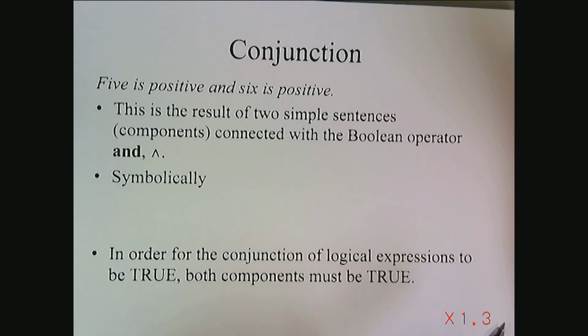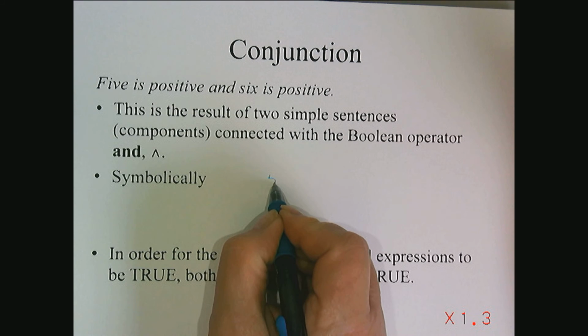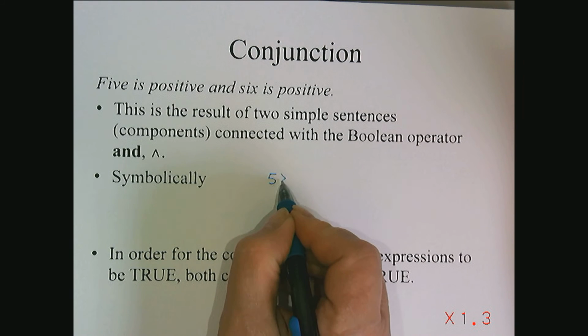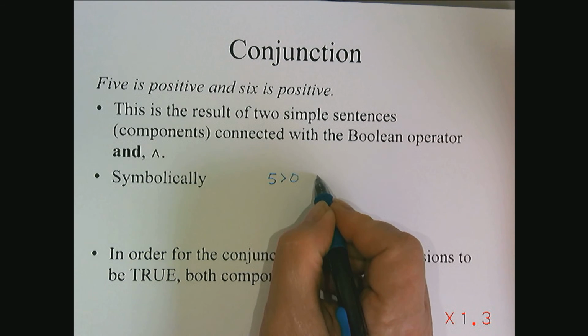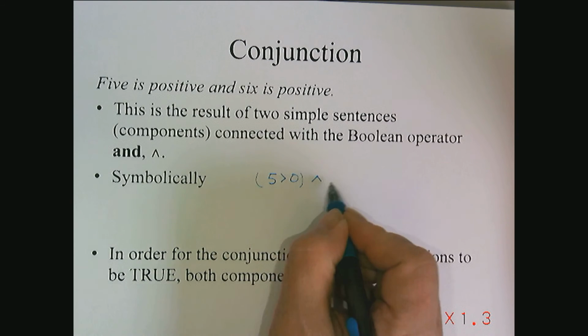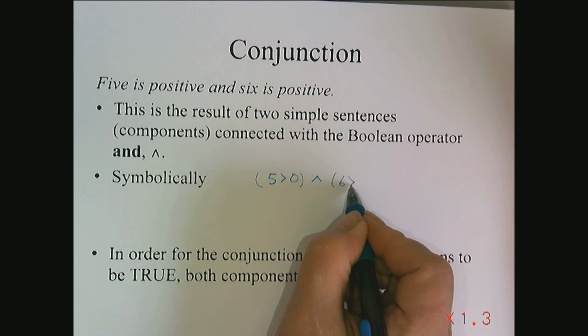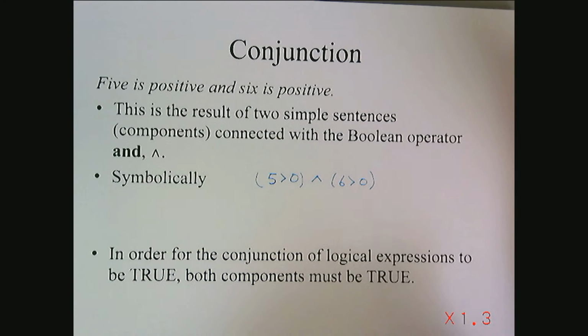So the next Boolean operator I wanted to talk about is conjunction. 5 is positive and 6 is positive is an example. Now symbolically, I could write this as 5 is greater than 0 and 6 is greater than 0.